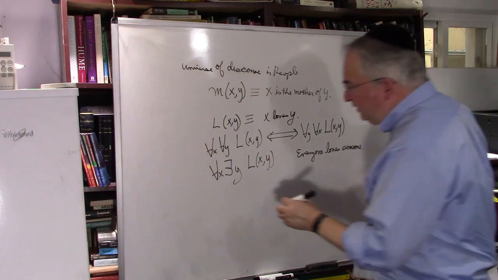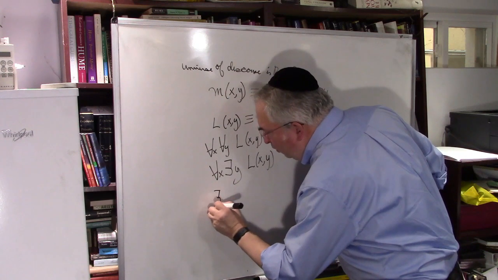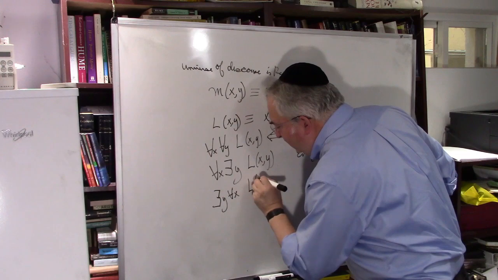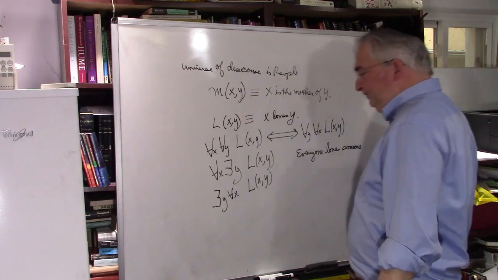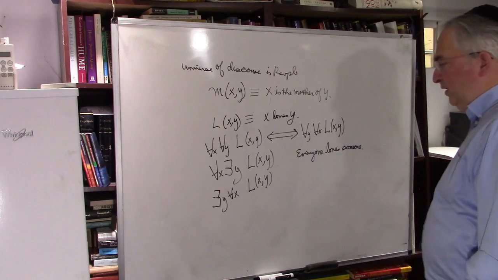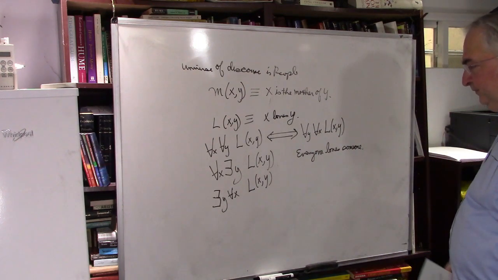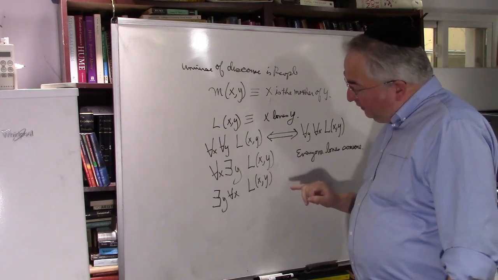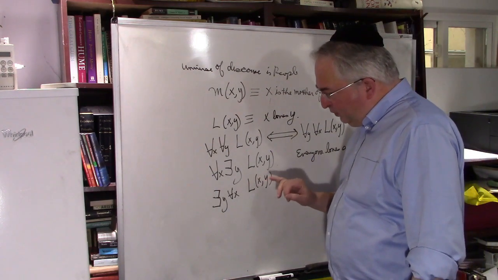Okay, how about this? There exists a y such that for all x, L(x, y). What does this mean? This is different than the previous one.